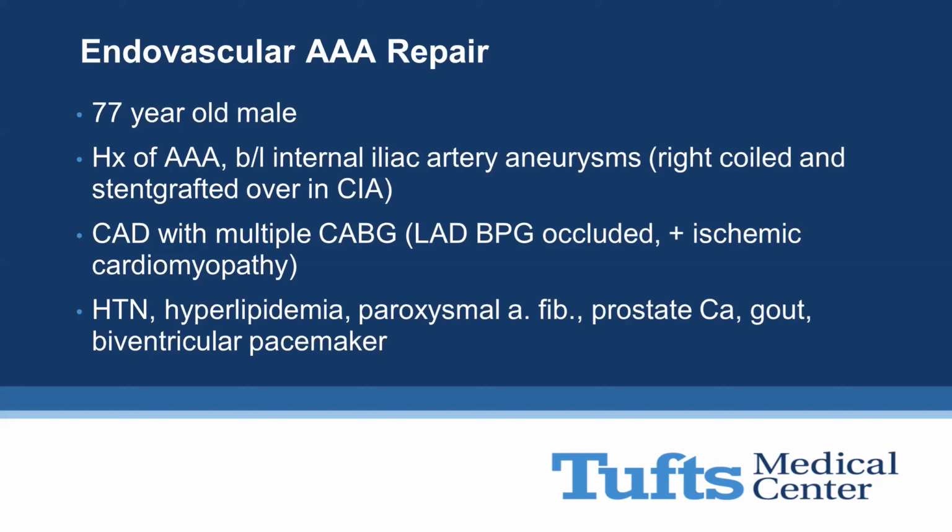The guy was a mild train wreck: coronary artery disease, multiple CABGs, his LAD was occluded, and he had signs of ischemic cardiomyopathy. He had hypertension, hyperlipidemia, paroxysmal AFib, prostate cancer, gout, and a pacemaker, which for this procedure was set to a steady non-demand rate of 80 beats per minute.